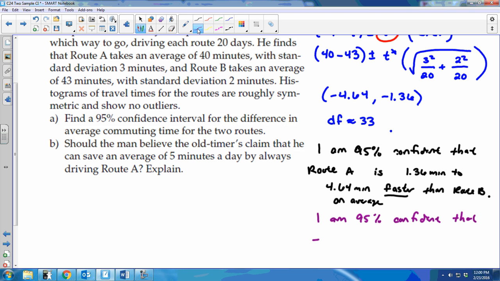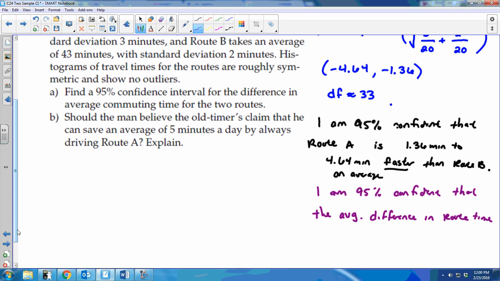Okay. 95% confident that the average difference in route time is between 1.36 and 4.64 minutes. It's not wrong. It doesn't directly relate the two routes. It just says the difference in the times is somewhere in the interval.